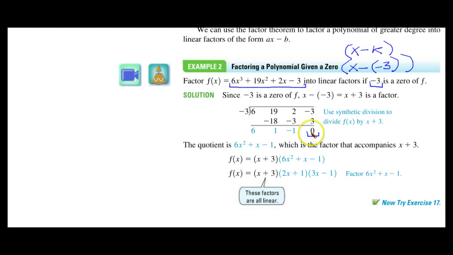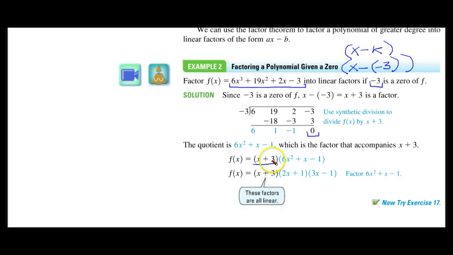Since our remainder is 0, this indicates this is part of a factor. But what was that original number? Well, in our formula, it's going to be the opposite of this, which makes it a positive 3.